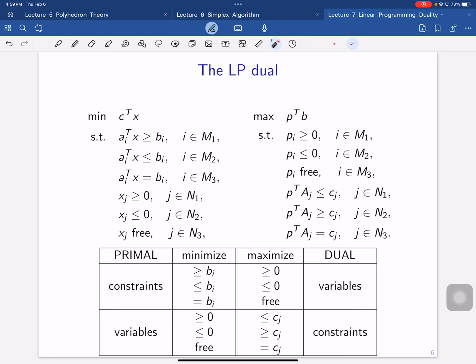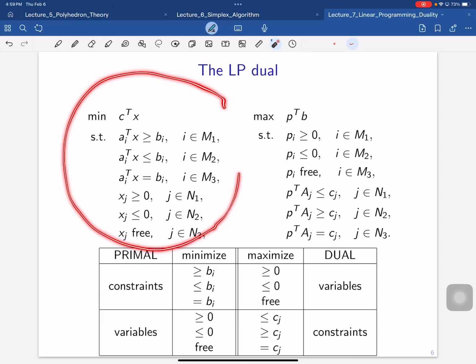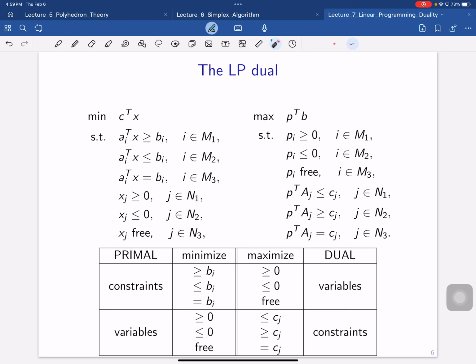So how do you actually use this table? As you can see, this is a primal problem in a very general form. There are greater than or equal to constraints, less than or equal to constraints, equality constraints, and some of these x are greater than or equal to 0, some of them are less than or equal to 0, and some of these x are free. So you have all sorts of constraints and all sorts of variables in the primal.